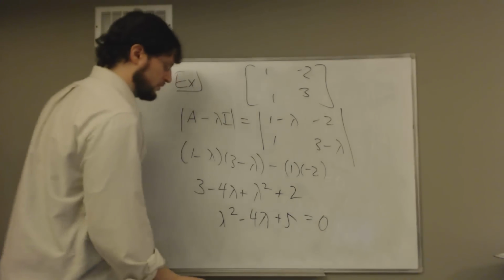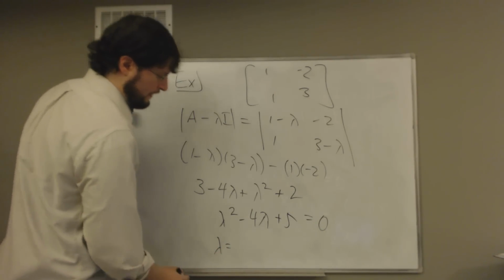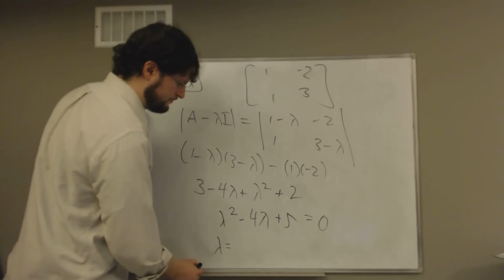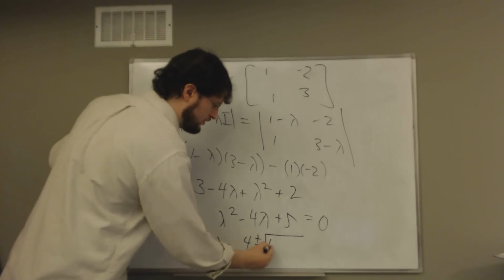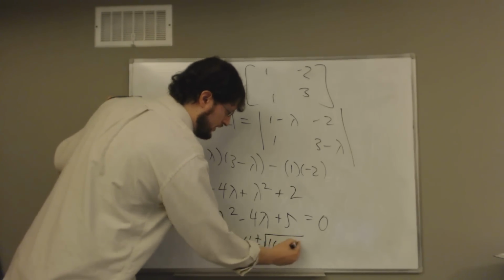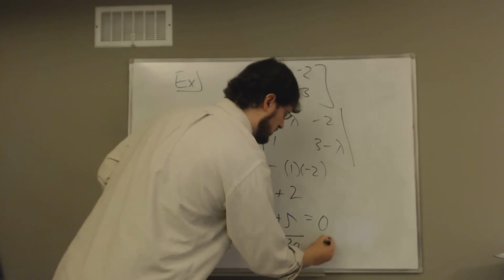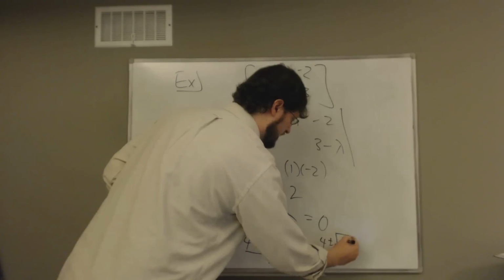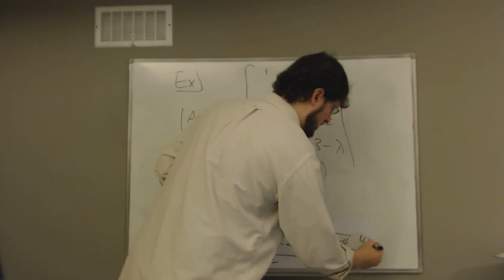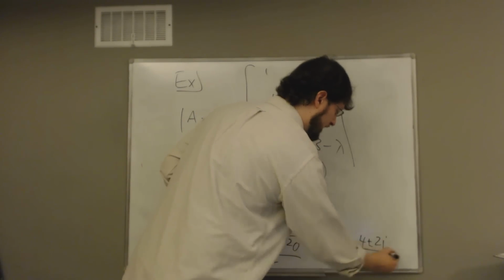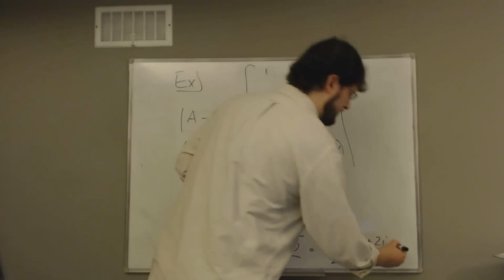So if I set this equal to 0, I get lambda is equal to negative b, which is 4, plus or minus the square root of b squared minus 4ac all over 2a, which is 4 plus or minus the square root of negative 4 all over 2, which is 4 plus or minus 2i all over 2, which is 2 plus or minus I.